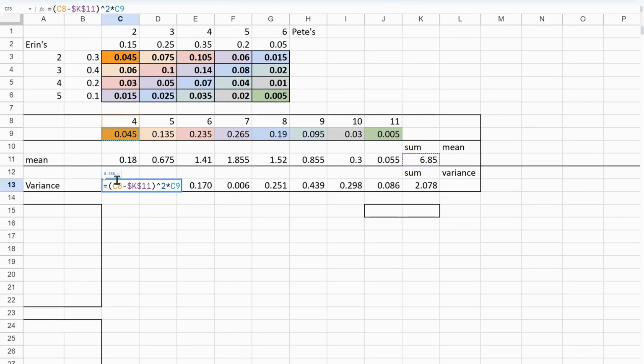Take the C8 value, 4, subtracted by the K11 value, that's the 6.85, square it, and then multiply it by C9, and there's your probability. And you'll probably recall that the sum of all those values is your variance, right? And that variance ends up being 2.078. Let's go back to the notes and put that in.